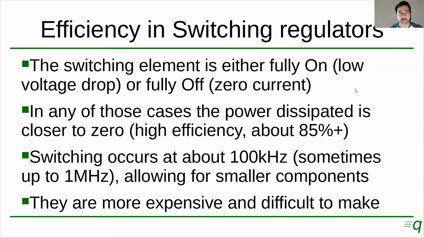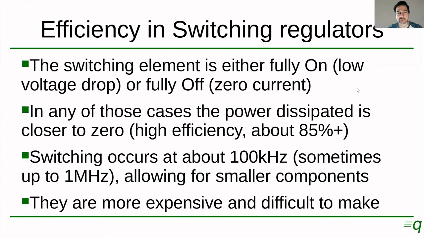So power dissipated on that switch is very low, and that means that the regulator that we had in the previous slide will be wasting very little power. So that means that the whole regulator will have a higher efficiency, and typical efficiencies for these regulators are about 85% or more, sometimes in the 90 to 94% range.